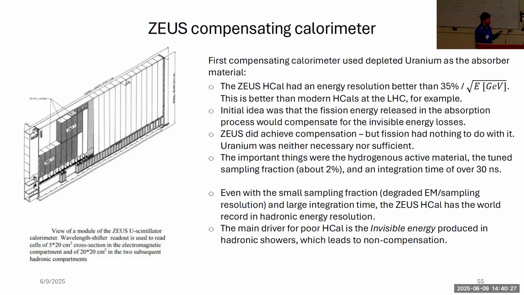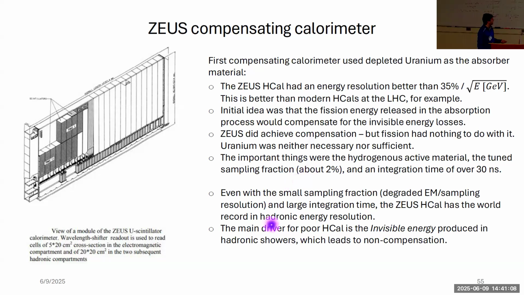What was really important was they did the three things I mentioned above. First, they had this hydrogenous active material, scintillator with a lot of hydrogen. Then they had a tuned sampling fraction, about 2%. And then they had an integration time of over 30 nanoseconds. So even though they had this small sampling fraction, which means a degraded sampling resolution and degraded EM response, and they had this large integration time, which means that you integrate more noise, the Zeus HCal still has the world leading record in hadronic energy resolution.